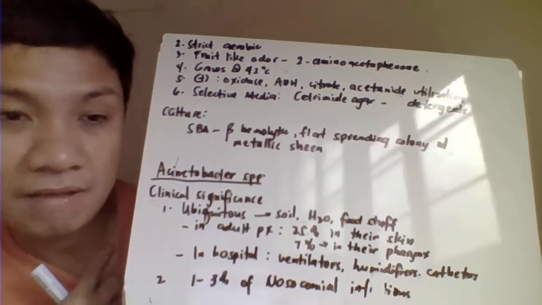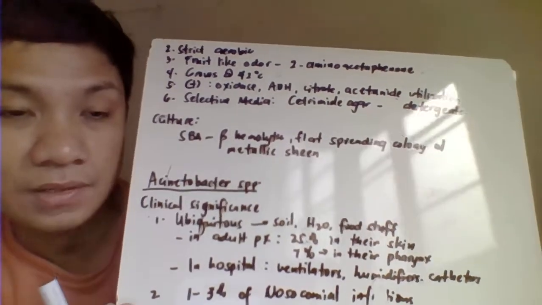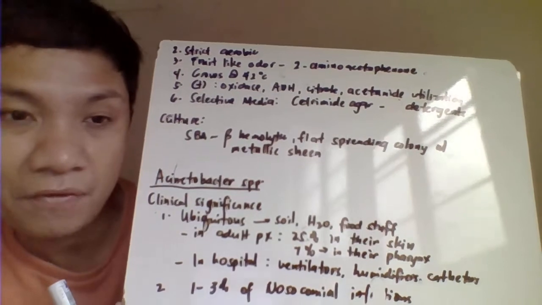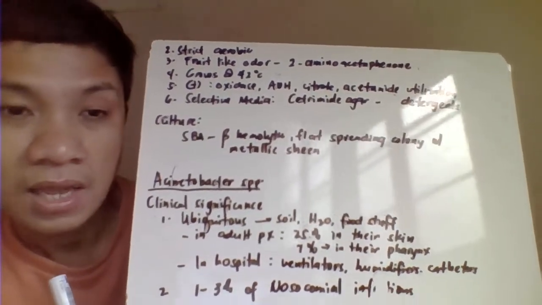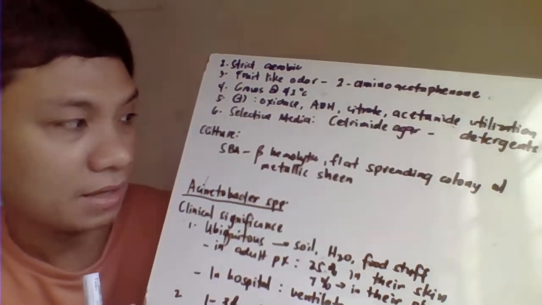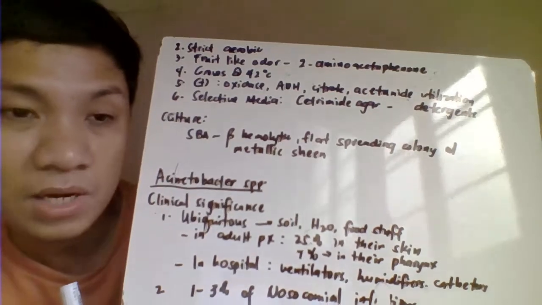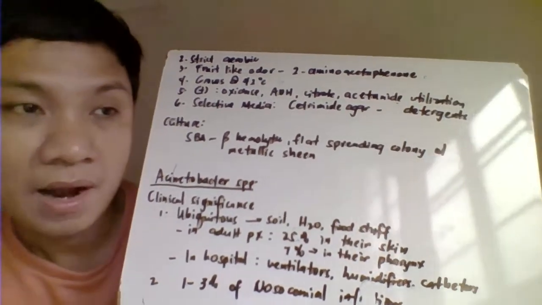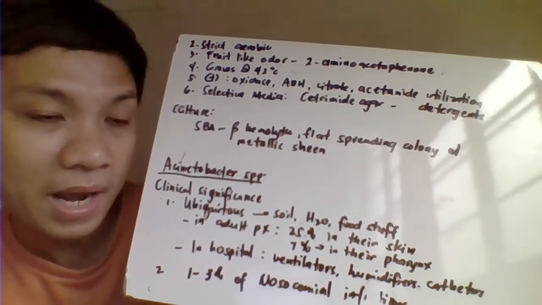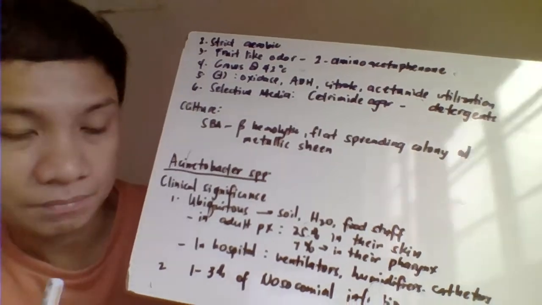The highly selective culture media for the isolation of Pseudomonas aeruginosa is cetrimide agar. It is highly selective because it contains detergent that only allows the growth of Pseudomonas aeruginosa but not other bacteria. On sheep blood agar, it would have a beta-hemolytic reaction with a clear zone around the colony, and the colonies are flat and spreading with a characteristic metallic sheen.